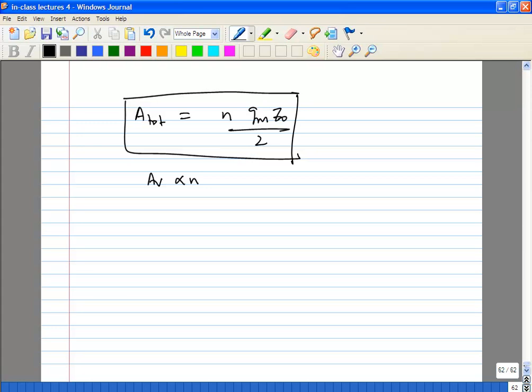So it's linear, overall gain is linear with the number of stages. So obviously this means that you can get some amount of gain even at FT.